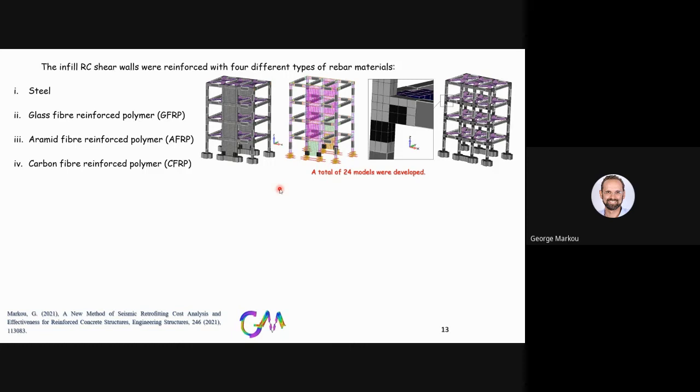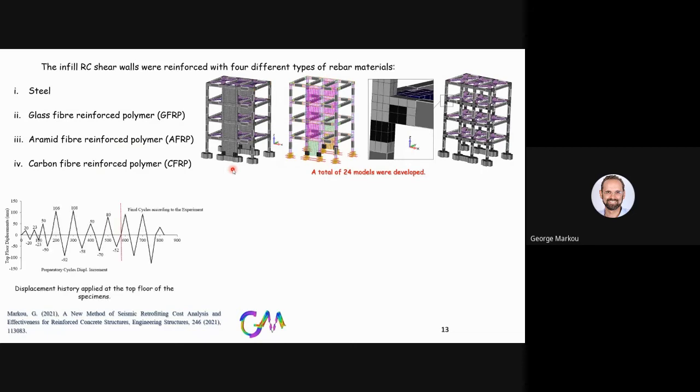So what was done here, different models were created by using different CFRP configurations, CFRP sheets, and of course, we use also the infill walls where the rebars within these reinforced concrete infill walls were either steel, glass, aramid, or carbon fiber reinforced polymers. And they were tested by using this displacement history. This shows the total applied displacement at the top floor.